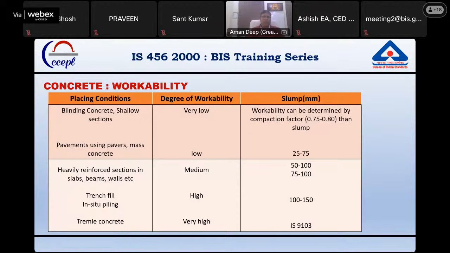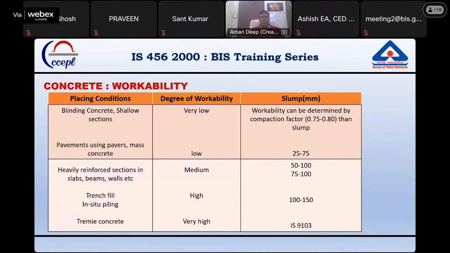As we go to RCC structures, we have requirements for high flow because of the reinforcement bars and the section sizes, thicknesses and widths; all these aspects are important. For those considerations, we can have workability with slumps of maybe 50 to 100 mm for reinforced sections with normal permeability and normal workability requirements, and in some cases a requirement of more than 75 mm also.